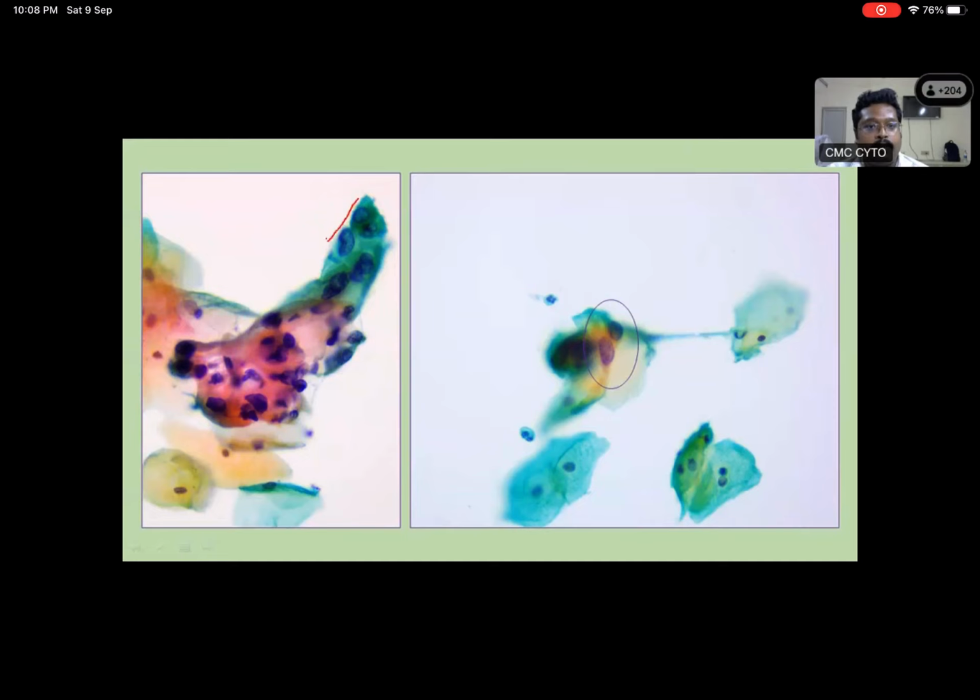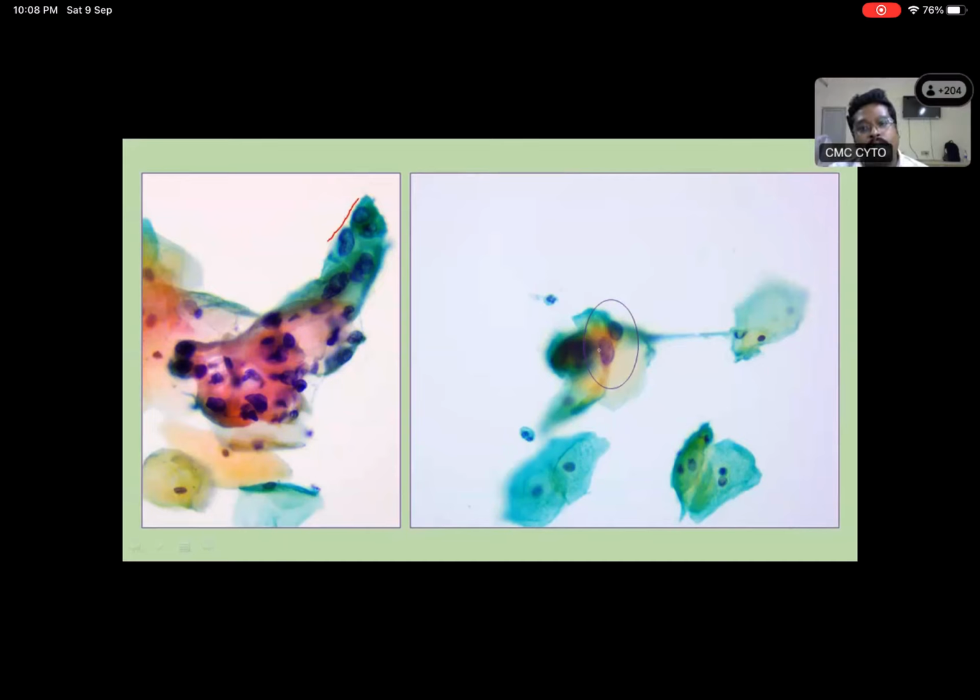These cells are less mature than the previous slide, and they are having high NC ratio. Okay, so you're only seeing part of that cell, so we'll ignore that.